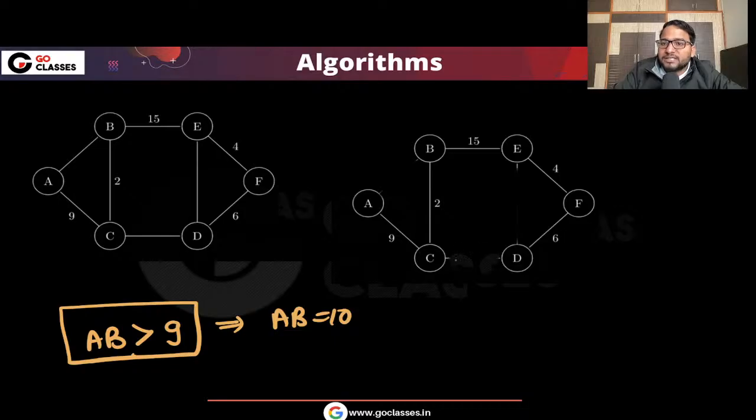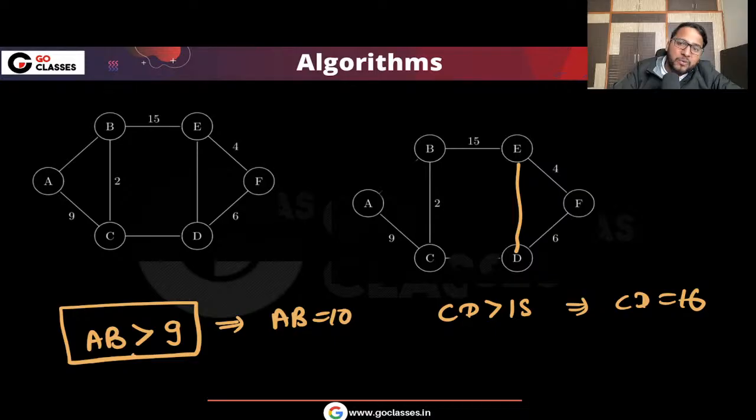What about CD? CD is forming a cycle with 15, right? So it must be greater than 15, which means CD is 16. What about this one? Is this forming a cycle with 15? Don't get confused by bringing 2 edges at once.